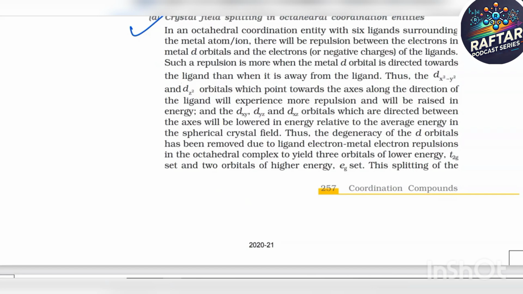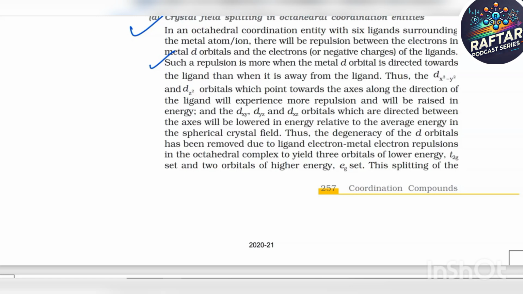A. Crystal field splitting in octahedral coordination entities. In an octahedral coordination entity with 6 ligands surrounding the metal atom/ion, there will be repulsion between the electrons in metal d orbitals and the electrons or negative charges of the ligands. Such a repulsion is more when the metal d orbital is directed towards the ligand than when it is away from the ligand.